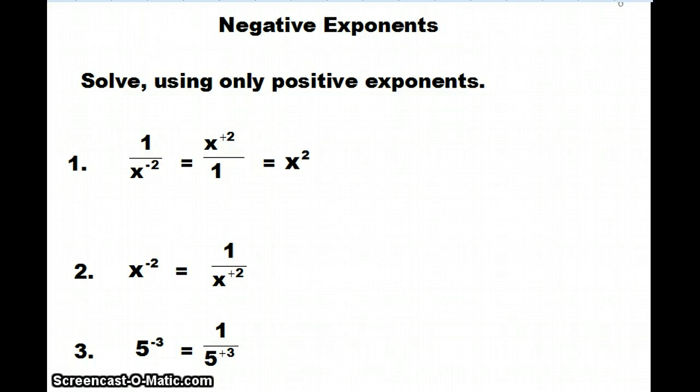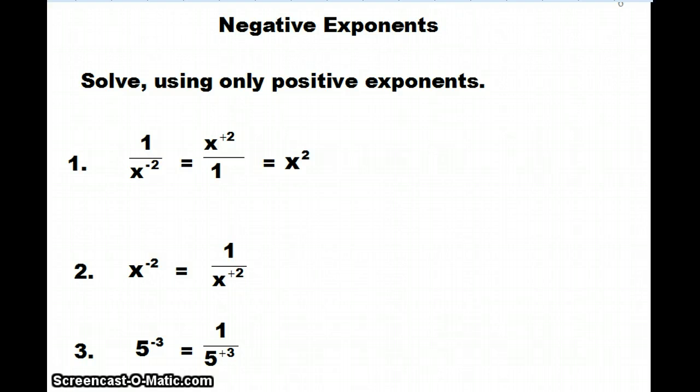I will go over the first couple of examples again that we covered on page 6 of section R.2. These were problems that we're going to solve using only positive exponents. So the first one where we have x with a -2 exponent, we ask if there are any bases with negative exponents, so that x on the bottom does.